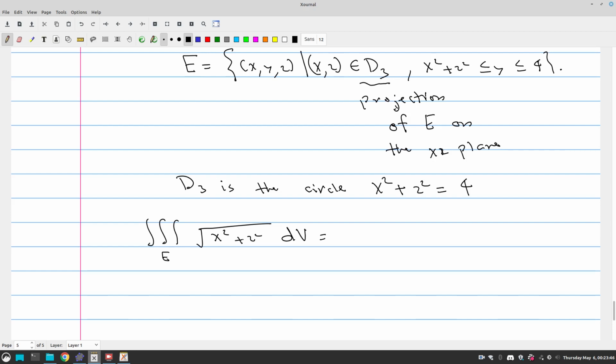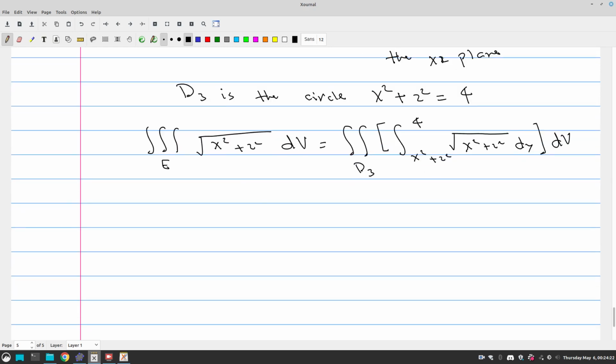This is equal to the integration over D3 times the integration from x squared plus z squared to 4 of the square root of x squared plus z squared dy, times dA. So let's do this inner integration first.